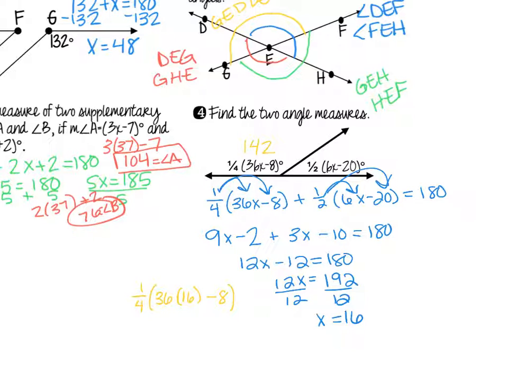And on the other side, I'm going to have 1/2 times 6 times 16 minus 20. 6 times 16 is 96 minus 20 is 76 times 1/2 is 38. And I can check my work because I know if I add those together, they'll equal 180 degrees.